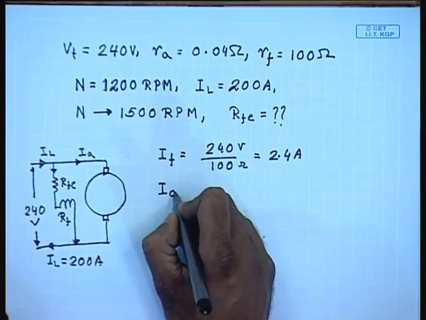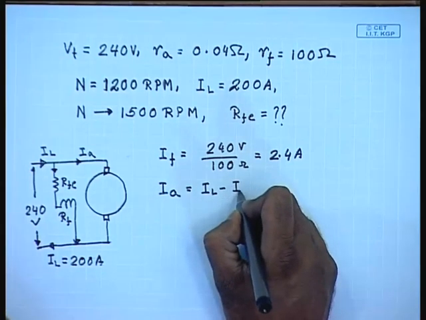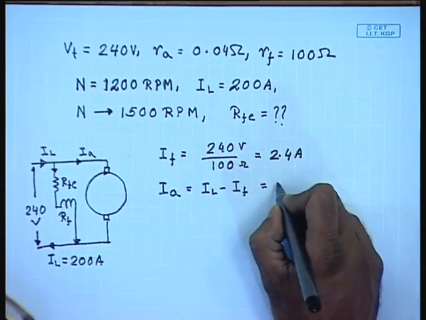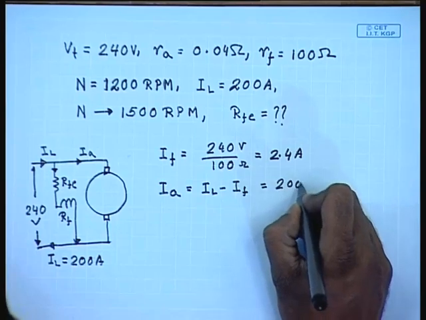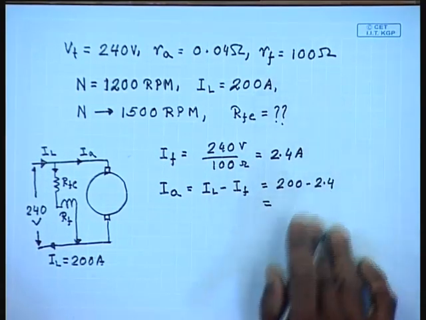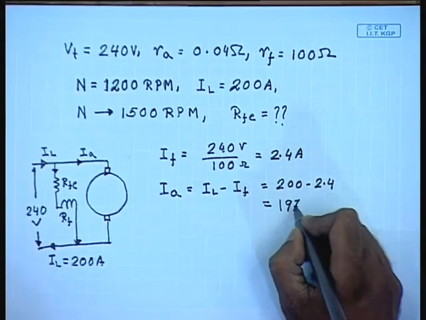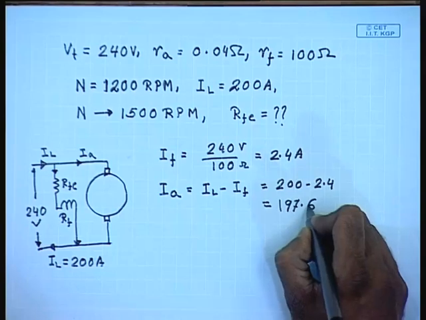IA equal to IL minus IF equal to 200 minus 2.4 equal to 197.6 amperes.